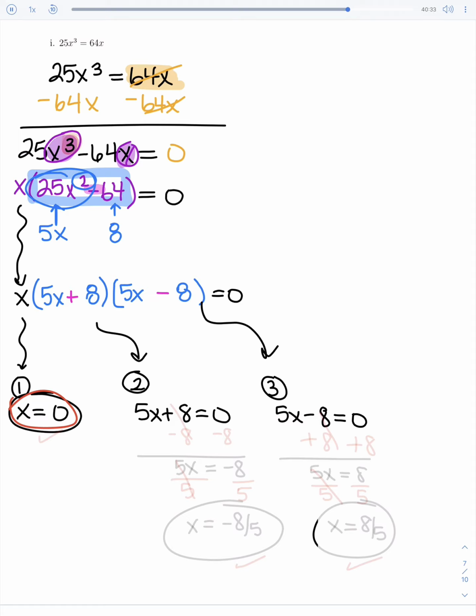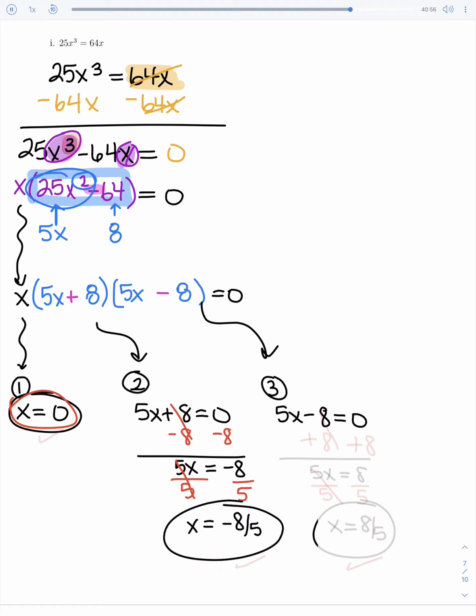So in the first one, we can subtract 8 from both sides, which will give us that 5x equals negative 8. Then we can divide both sides by a 5 to get the x by itself, which will give us a solution of x equals negative 8/5.